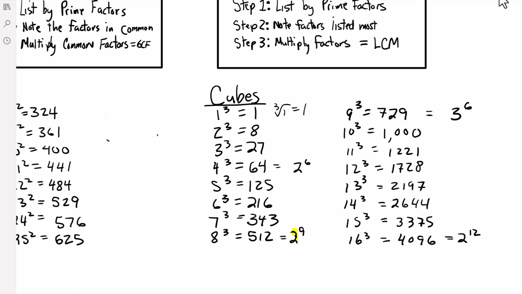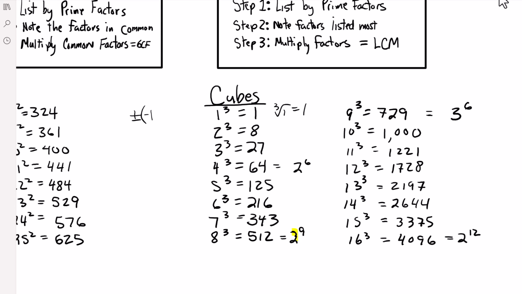But for cubes, you can take the cube root of a negative number because look, a negative number times a negative number is a positive number. But remember, you have to multiply a negative number 3 times. A negative times a positive, we're back to negative. So you can take the cube root of both positive and negative numbers.